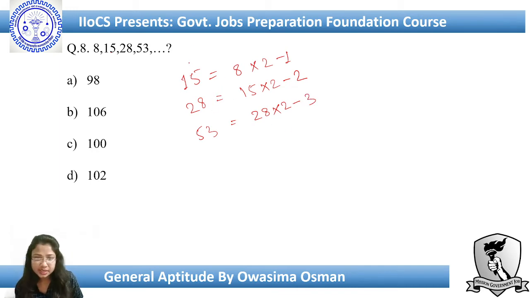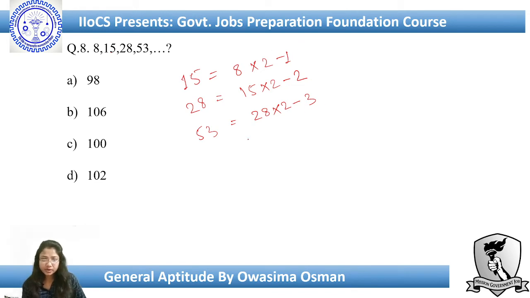So here you can see that every next term we are getting by multiplying the previous number by 2, and then doing minus 1, minus 2, minus 3, which is an AP series of consecutive numbers.